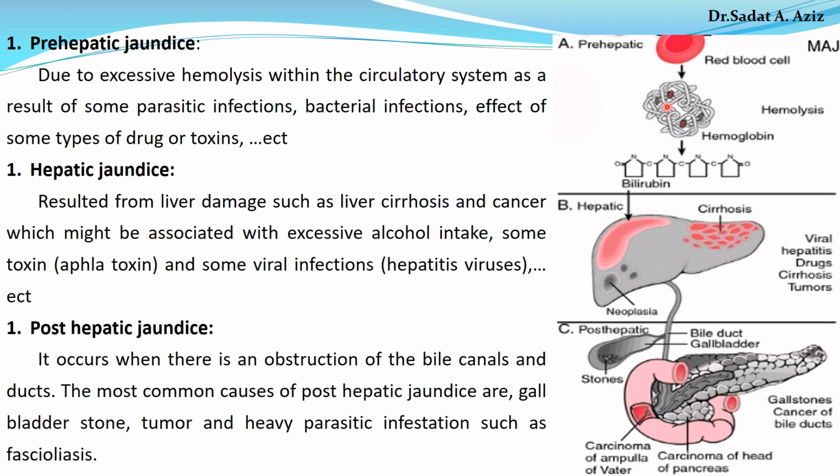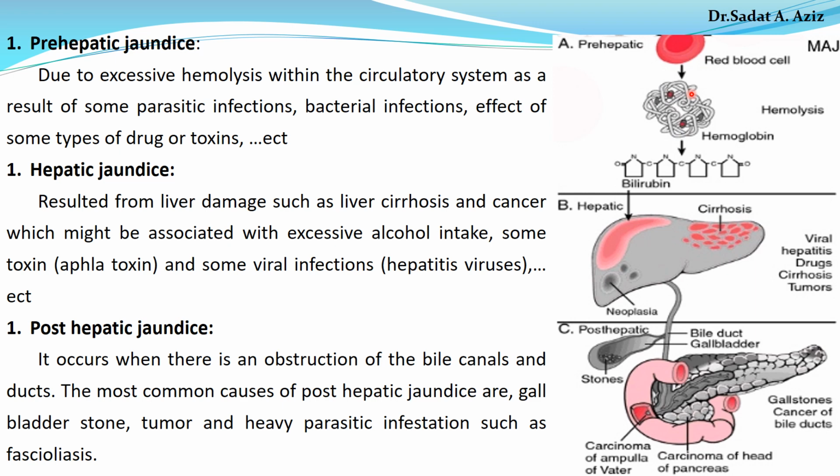It means the factors which are leading to lysis of the red blood cells came from outside of the cell, such as antibody or antigen-antibody interaction in the case of erythroblastosis fetalis. Then sometimes parasitic infection, some bacterial infection, and sometimes some types of drugs also might lead to excessive hemolysis within the circulatory system.